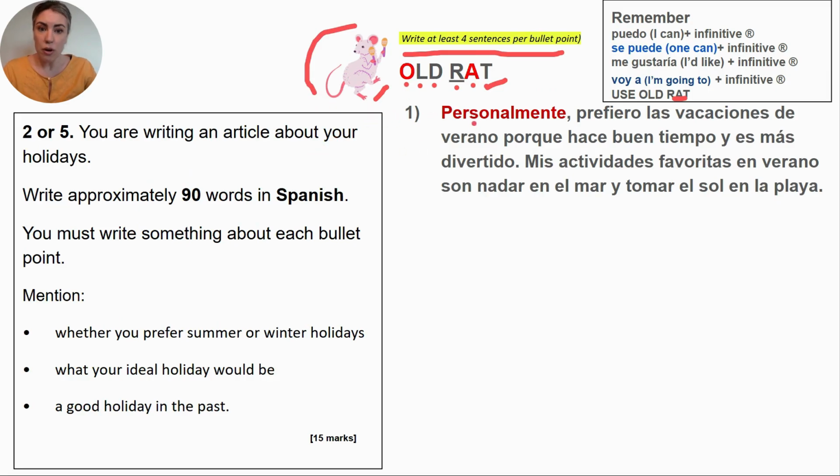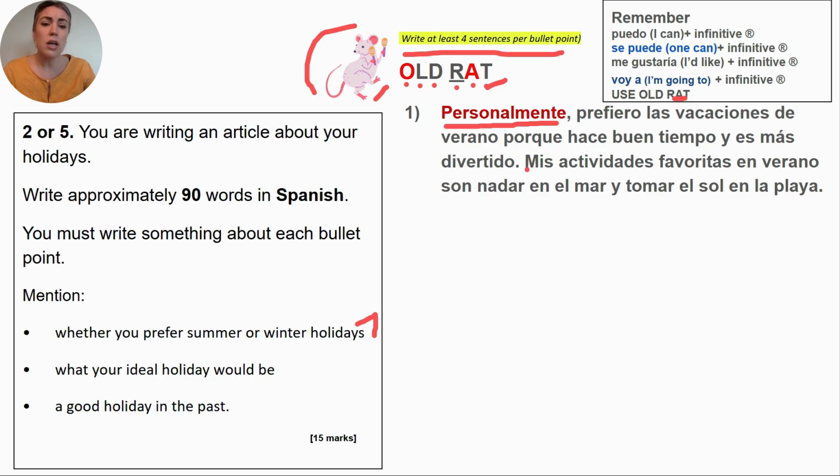So, personalmente, I started off really strong, like personally. Prefiero las vacaciones de verano porque hace buen tiempo y es más divertido. I gave an opinion, and there's a good range of language. I developed it, saying why with a reason, and then a comparison.